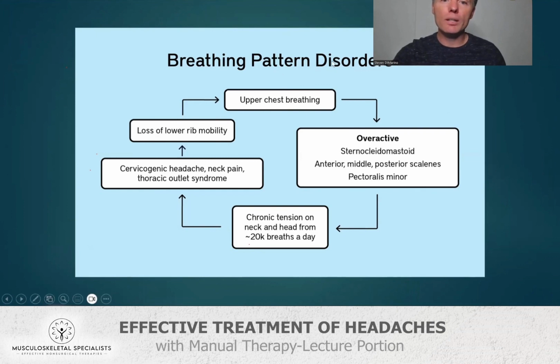Okay, so say you've got this breathing pattern disorder. Now, you're upper chest breathing. Say you're a desk worker. Overactive muscles: the SCM, anterior, middle, posterior scalenes, pec minor, that creates chronic tension on the neck and the head because you breathe 20,000 times a day. You get a cervicogenic headache, neck pain, thoracic outlet syndrome. You lose the lower rib mobility.